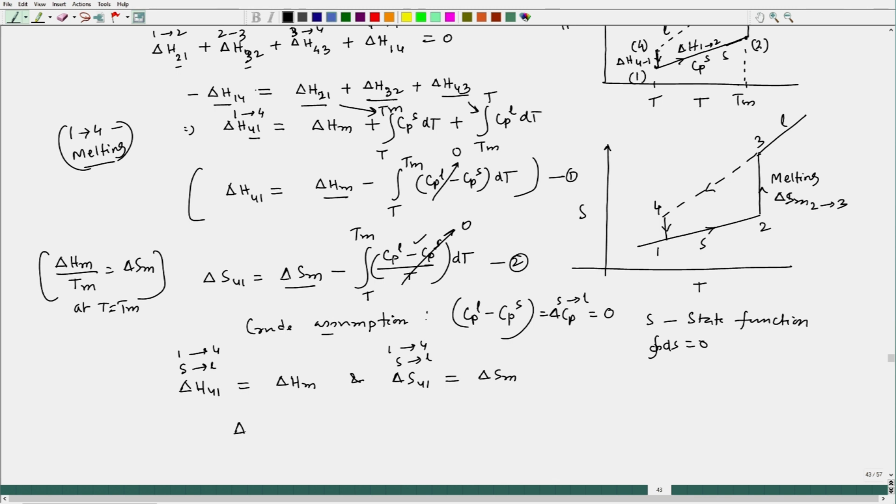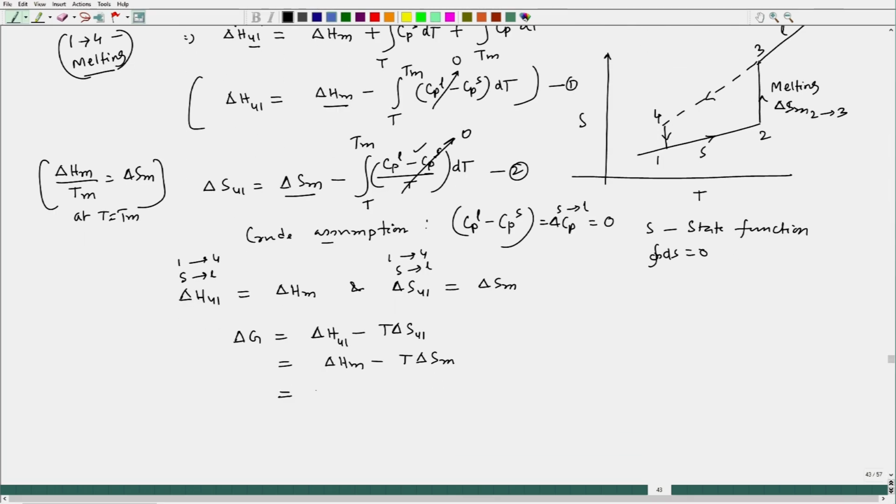Now, let me come back to the original formula, which is delta G equals delta H minus T delta S at any other temperature below melting point. Now, I will just put those values. This is nothing but 41, this is nothing but 41. So here I will put delta Hm minus T delta Sm.